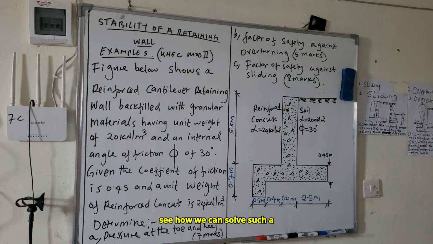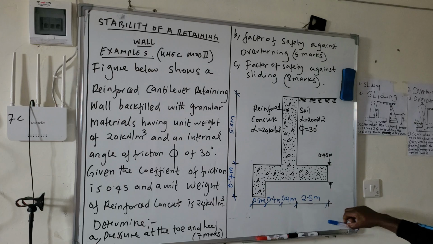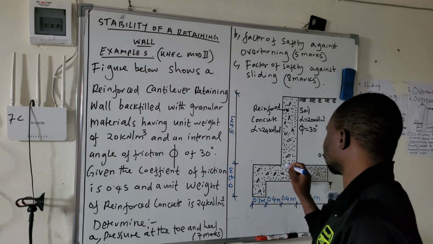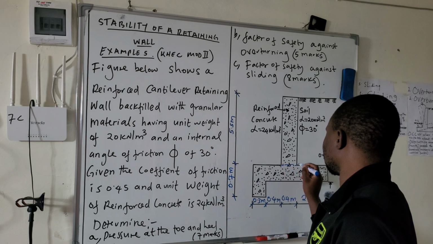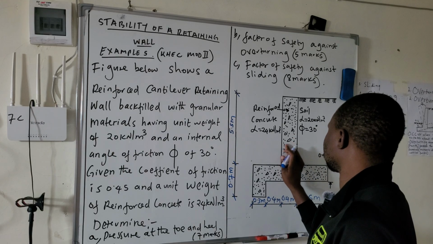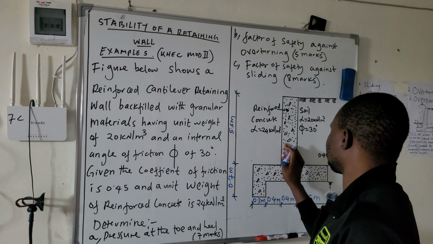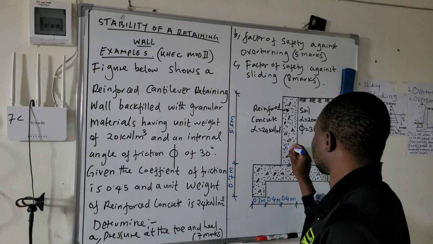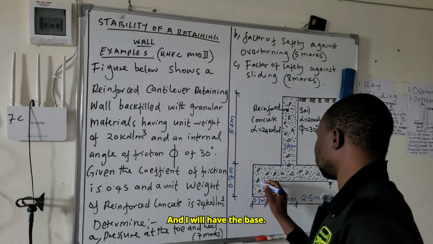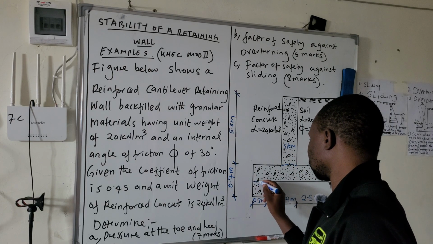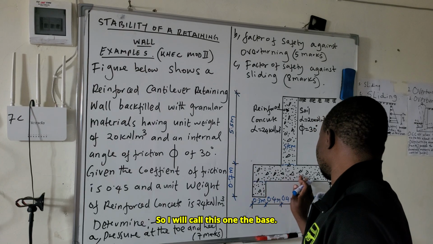So let's see how we can solve such a question. The first thing to do, I want to divide this retaining wall into different parts. So I will have the stem. So this is the stem. And I will have the base. So I will call this one the base.